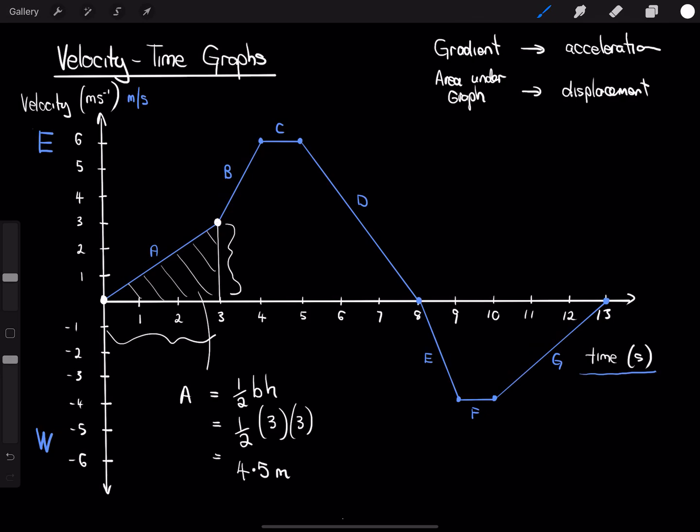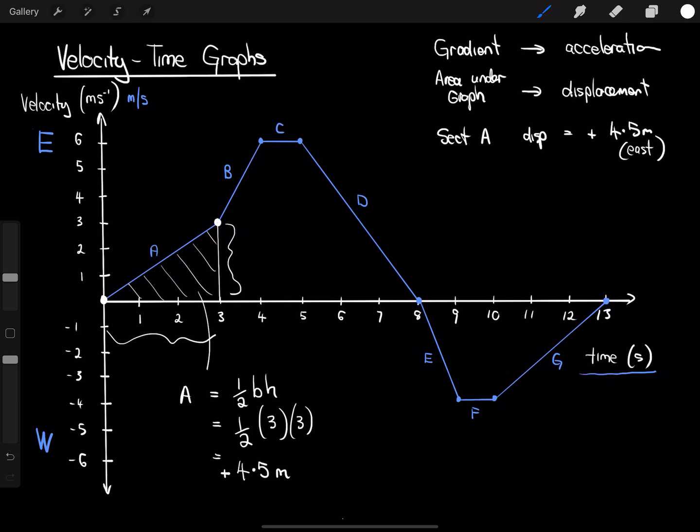Notice that the answer is positive, so its displacement is 4.5 meters. In other words, during that first section, section A, its displacement was positive 4.5 meters, or 4.5 meters in the easterly direction. So it's now 4.5 meters further east than where it was when it started.